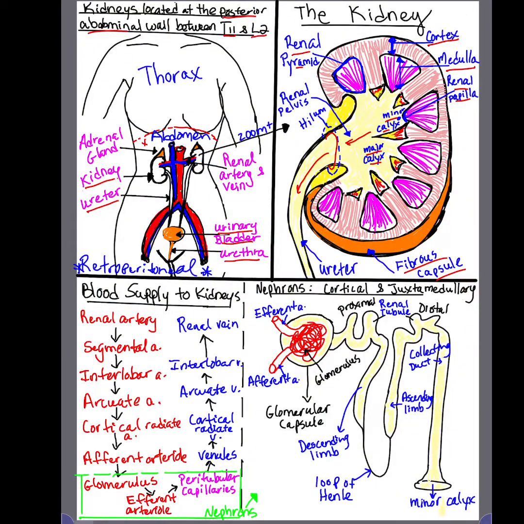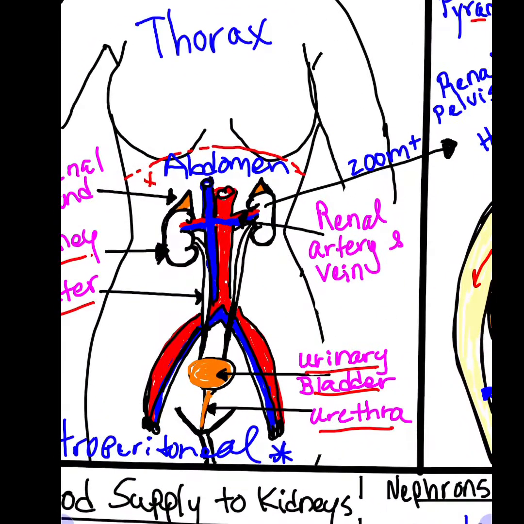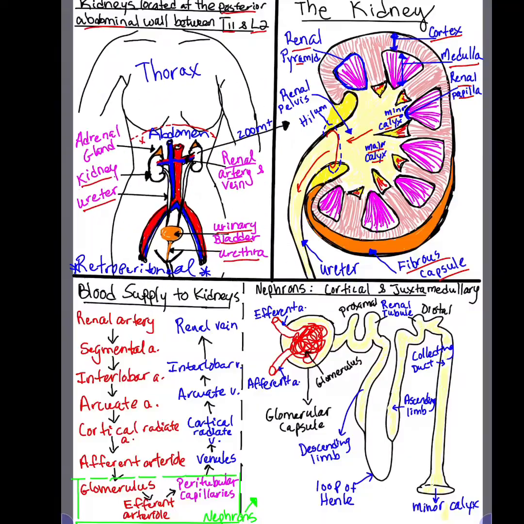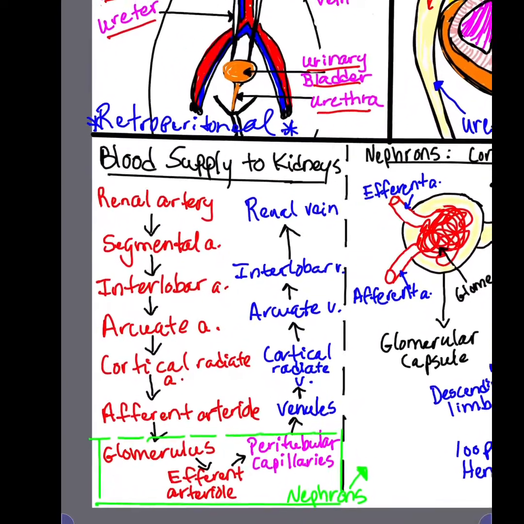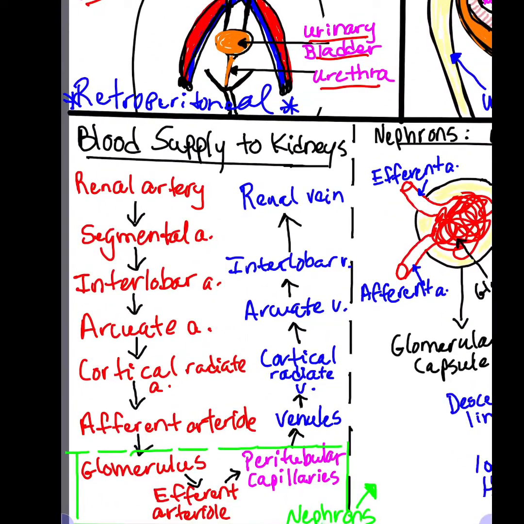The blood supply to the kidneys begins with blood in the renal arteries, and it continues flowing in the following way. Starting with the renal artery, then segmental artery, interlobar, arcuate, cortical radiate, and afferent arteriole. At this point, we are closer to the glomerulus in the nephrons.